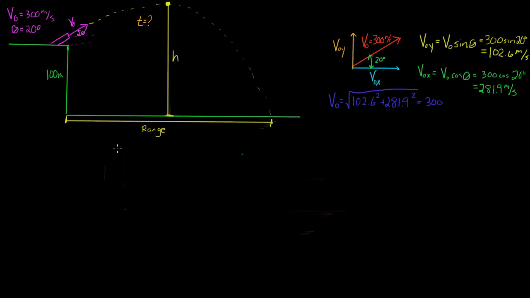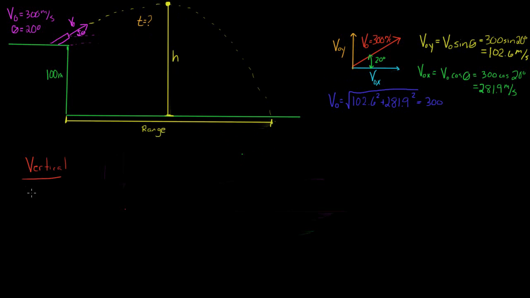Okay, so this is good. We have our velocity broken up into our x and y components, and if we look at this a step further, if we look at our vertical direction, we can use our kinematic equations and try to figure out how long this projectile will be in the air for.